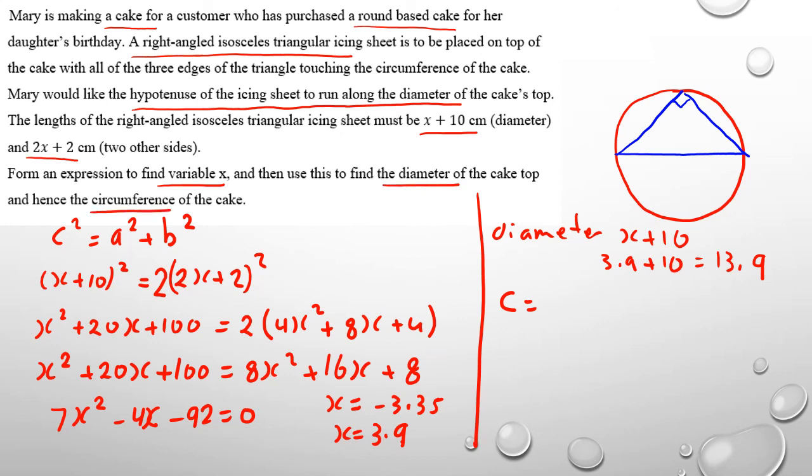So there's 3 requirements. So the diameter is in centimeters. Now the circumference is the diameter times pi, which is equal to 13.9 pi, and the answer is 43.67 centimeters. And there's the circumference.